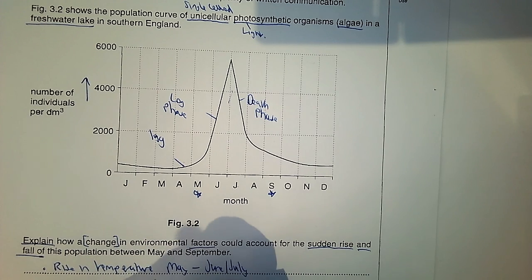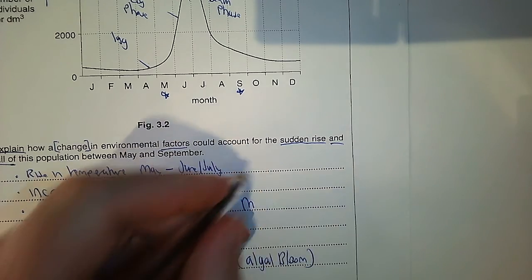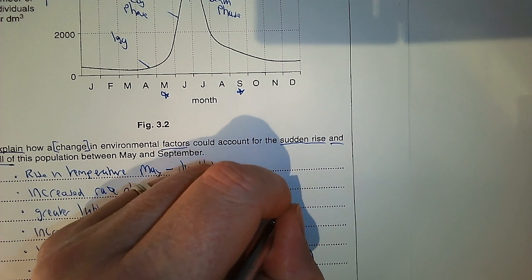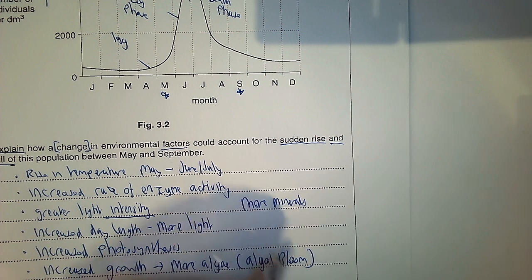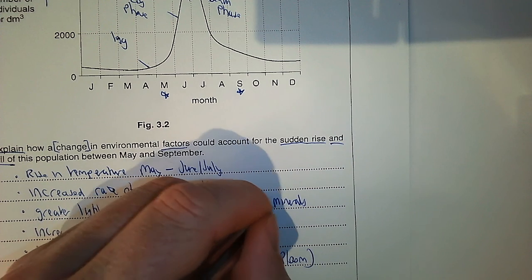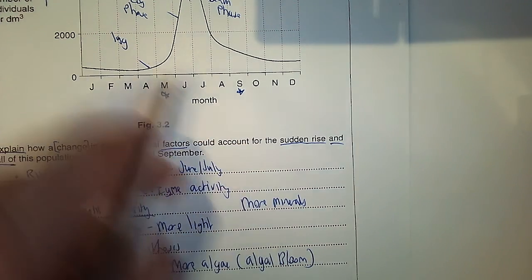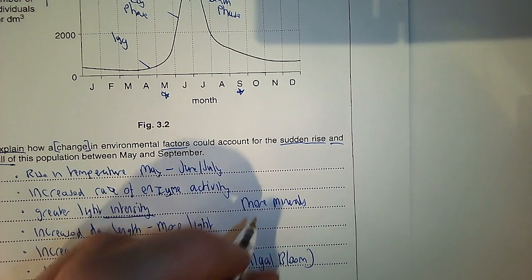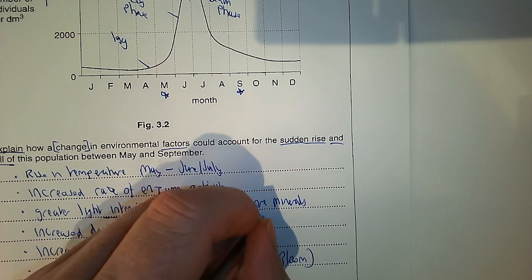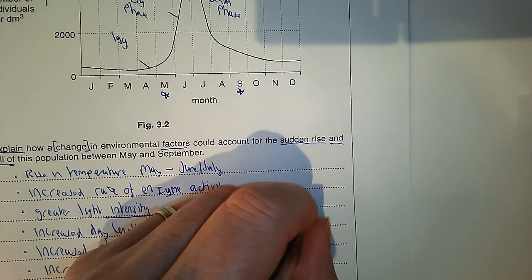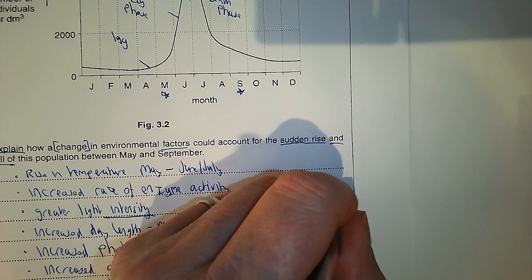We could also mention, I suppose, that there's more minerals in the water because the farmers might be adding fertiliser to the fields during these months, so more runoff, so more minerals from runoff from agriculture.